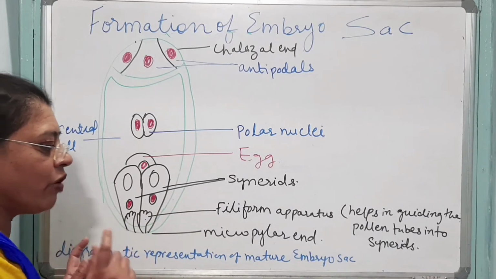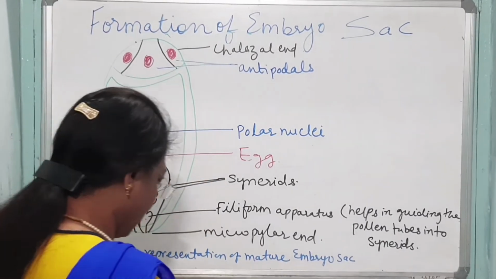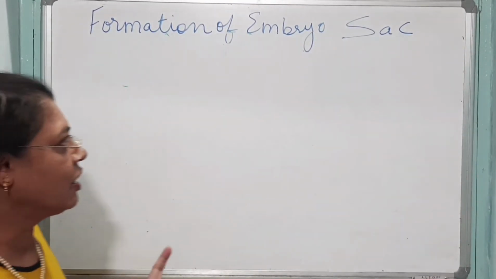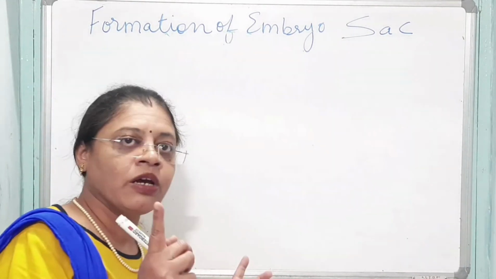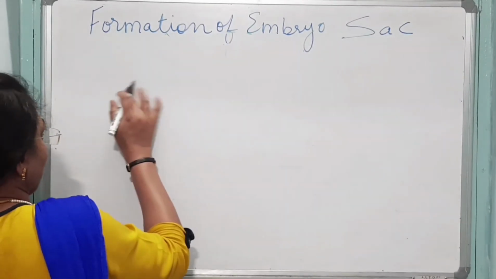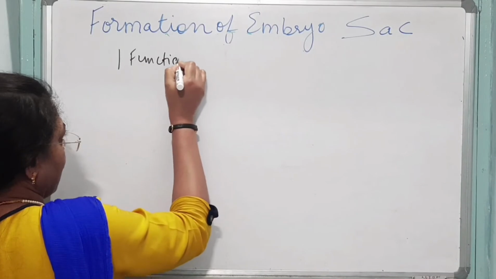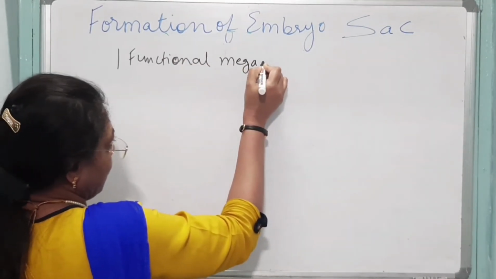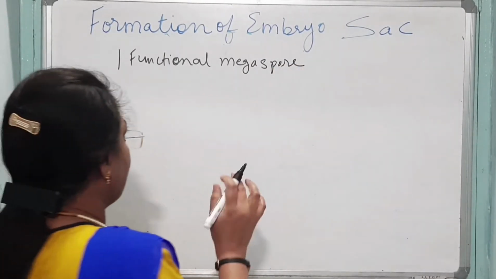Now we will do a quick revision and see the whole process again. We have seen that due to megasporogenesis, only one functional megaspore is formed, which you can also call the female gametophyte.